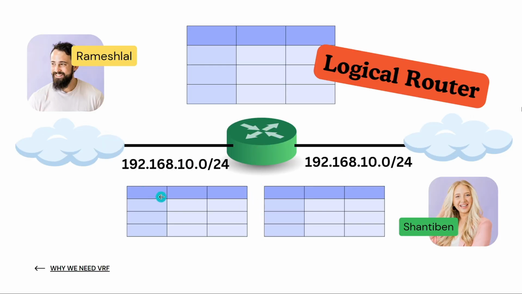We know that if traffic is coming from this port, then it will only route to those ports that Ramesh Lal can access. So that's like an access control list also.